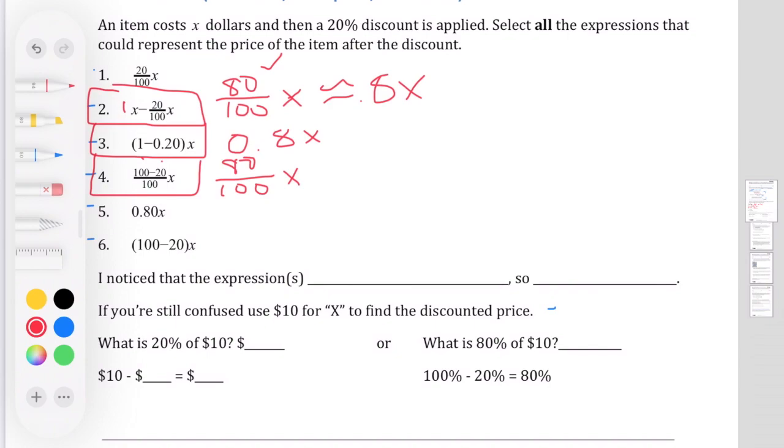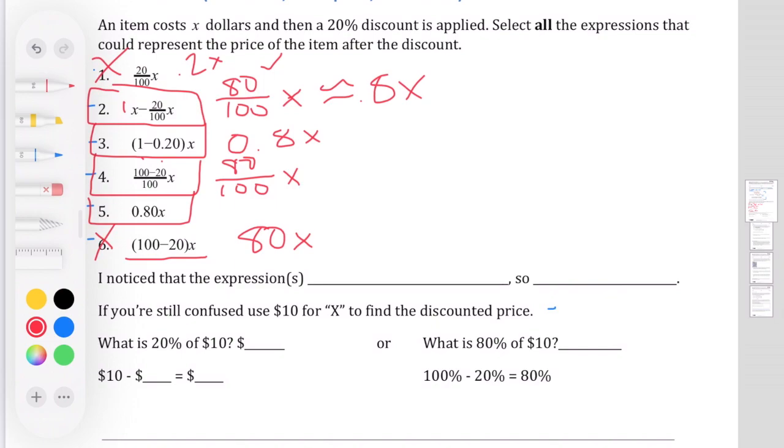Then, of course, number 5 is exactly what we're looking for, in 0.8X. Now, this one doesn't quite work because we'd end up with 80X, not 0.8X. And then this doesn't work up top because we'd have 20 over 100X, which would technically be 0.2X.